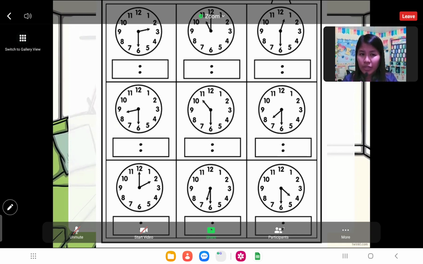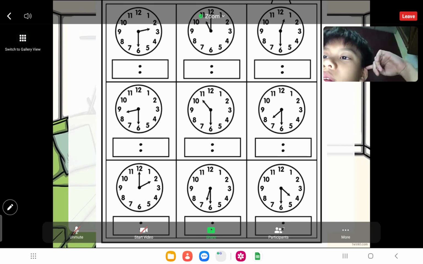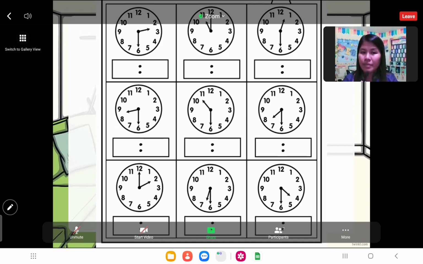Is it 2 or 3? 2. Remember, the clock goes clockwise. Okay, so we will start at 1, 2, 3, 4, 5, 6, 7, 8, 9, 10, 11, 12. All right, and then this one, the arrow is pointing at number 2.